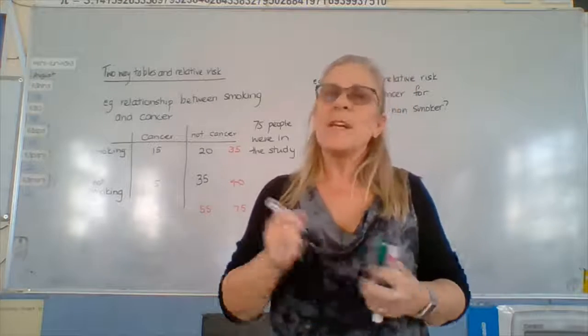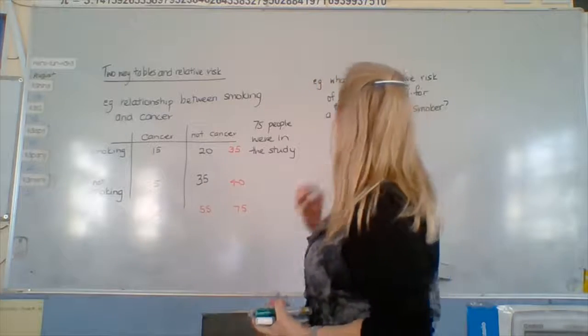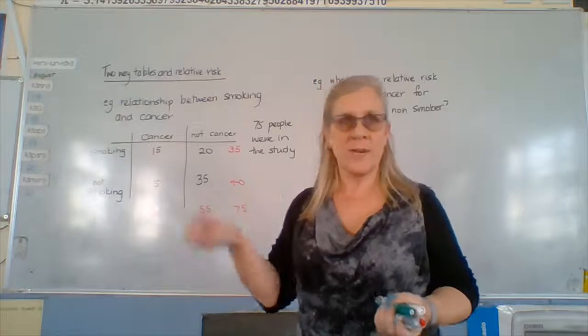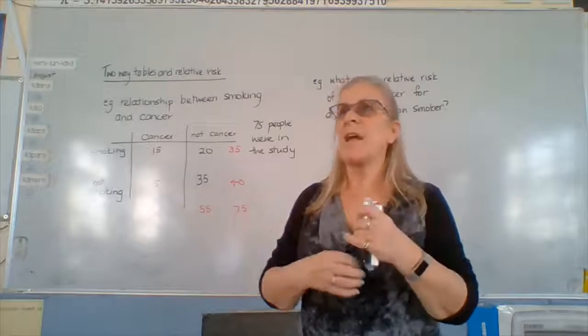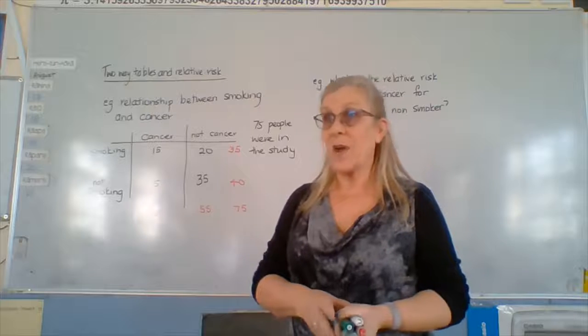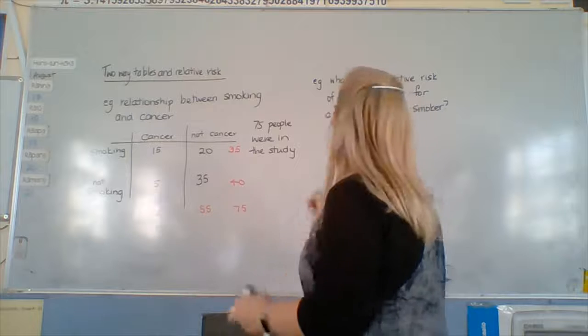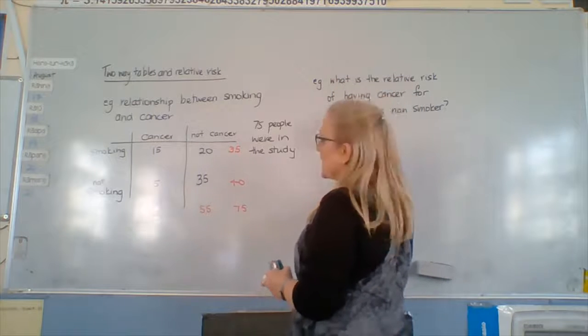All right, so we're looking at probabilities here. We're interested in the probability of a smoker having cancer and the probability of a non-smoker having cancer. And if you think about it like that, you should get the right probabilities, because that's the hardest part, getting the probabilities right. So we're looking at a smoker having cancer.